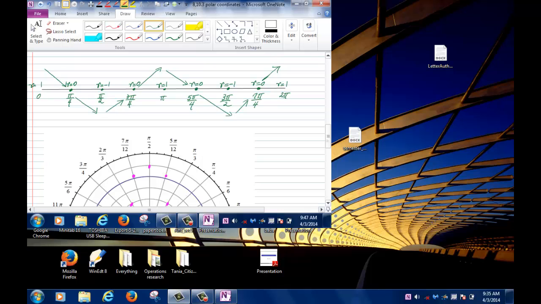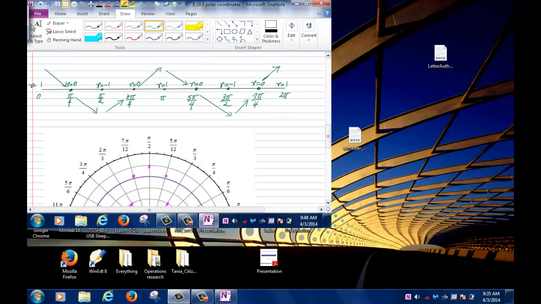Once you find the r values, then what do I have to determine? I have to determine whether r is increasing or decreasing in each of these intervals, right? So how do I determine that? Well, let's look at between 0 and pi over 4. What is happening between 0 and pi over 4?